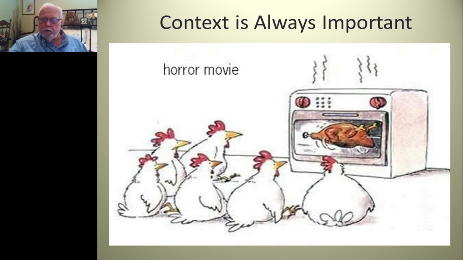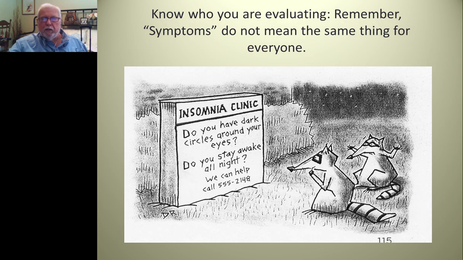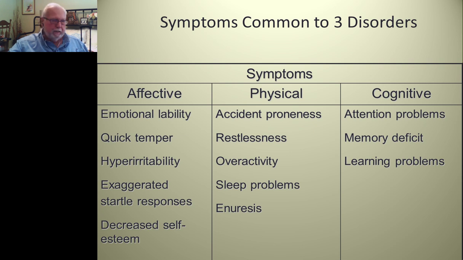To you, this may look like dinner, but to a chicken, it's a horror movie. Remember, know who you're evaluating. Do not diagnose raccoons with insomnia because they stay up all night. We see examples that are abundant in the DSM. Here are 13 symptoms that are common to 3 different disorders. If you saw a 9-year-old boy with all 13 of these symptoms, what's your diagnosis?